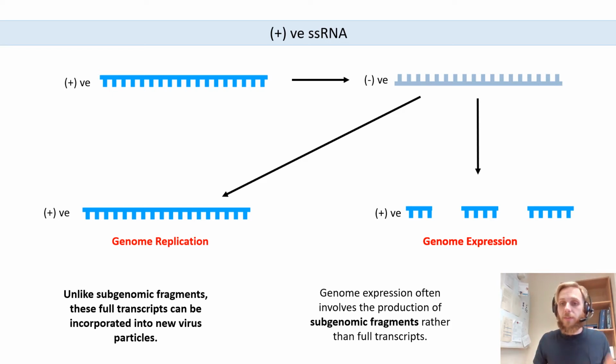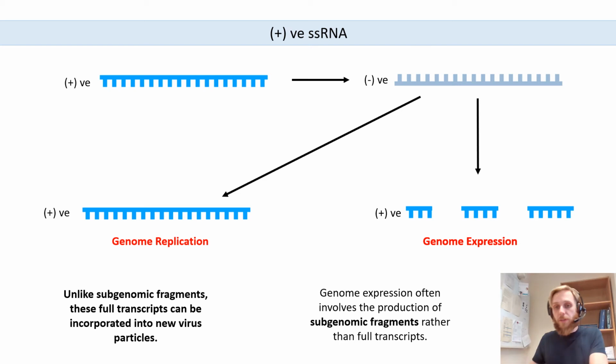These positive sense single-stranded RNA fragments, again, are just like mRNA, so they can be translated by host translation machinery. It doesn't matter that they're subgenomic fragments, it doesn't matter that they're small portions of the entire genome. They can be translated into protein, no problem at all. And this is exactly what's happening in the early stages of viral replication.